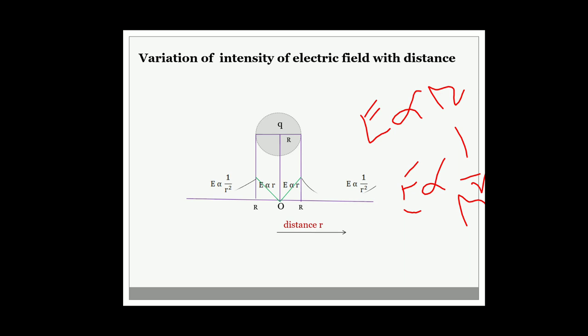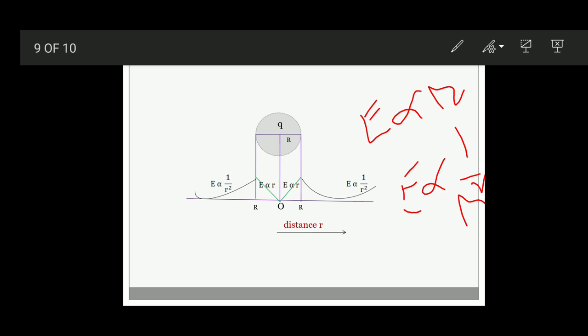So the diagram can be drawn like this. Inside of the charged sphere, the intensity of electric field increases proportionally like this. Outside of the charged sphere, it decreases like this.